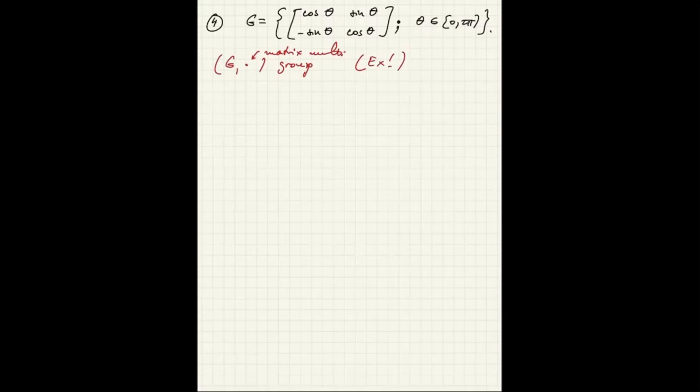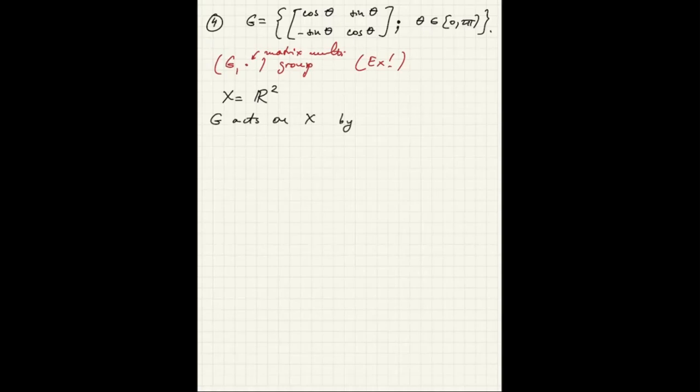It's not very difficult. And now we can define, so our set X is the Cartesian plane. And we say that G acts on X by the following.